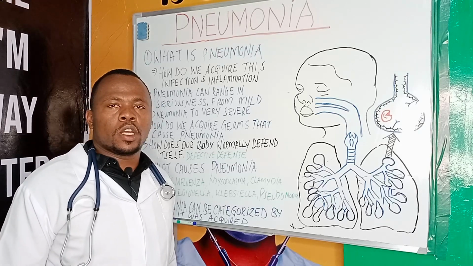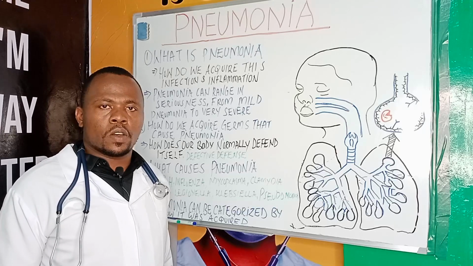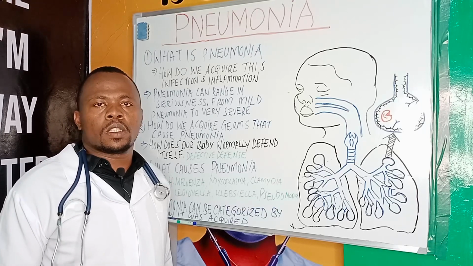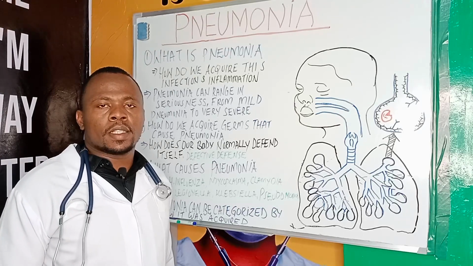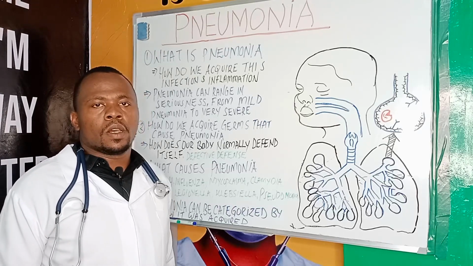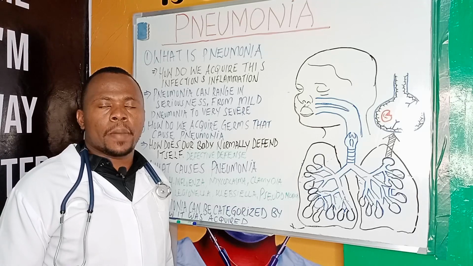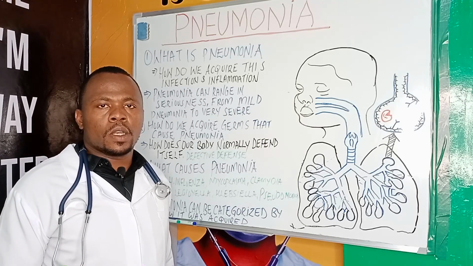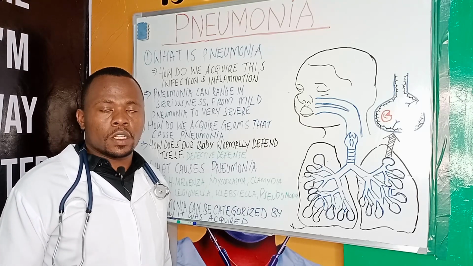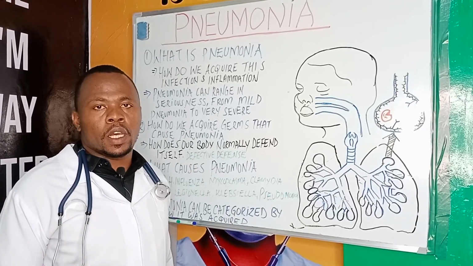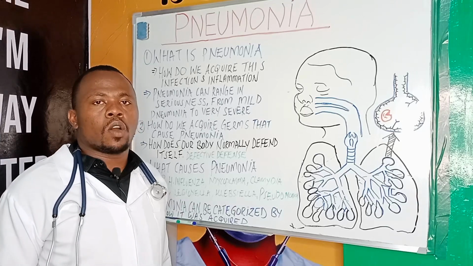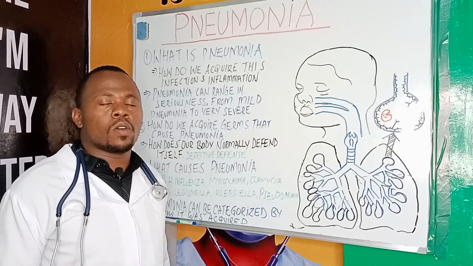How does our body defend itself when these bacteria enter into our body system? Mostly this happens all the time, so our body normally has a way that it defends itself from getting pneumonia when we inhale these bacteria or other viruses or fungi.